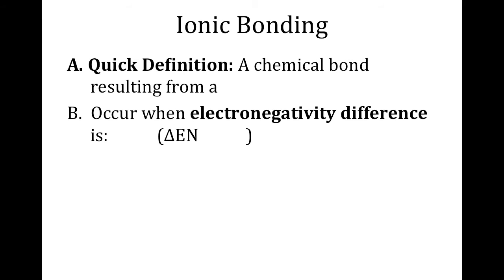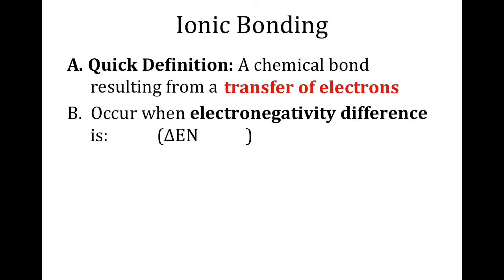All right, now we're going to do a little introduction into ionic bonding as a whole. We briefly talked about electronegativity difference for ionic and covalent bonding, but now we're going to go deeply into ionic bonding. A quick definition of ionic bond: it's a chemical bond resulting from a transfer of electrons.